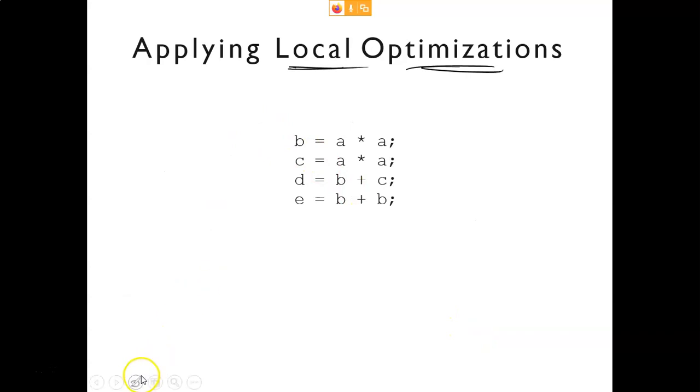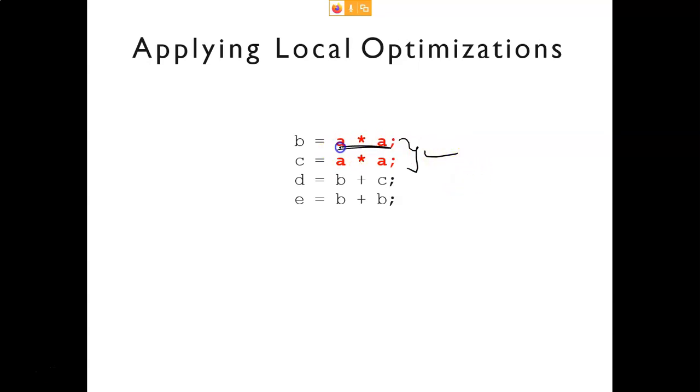Let's check this example, and on this example we will see all these three algorithms. So this is your code. First you can see what is happening here. This is common subexpression elimination. Why?